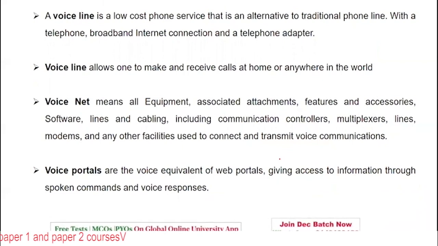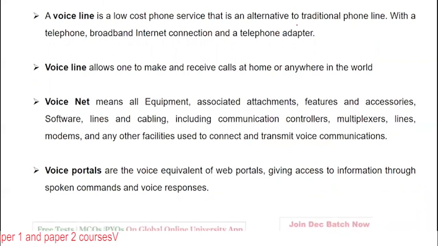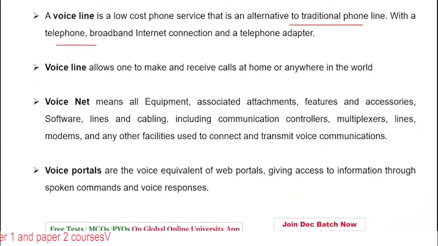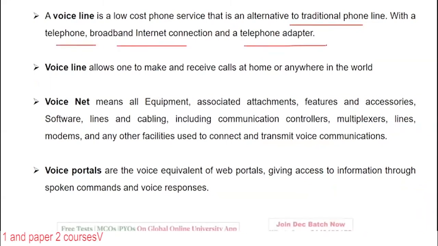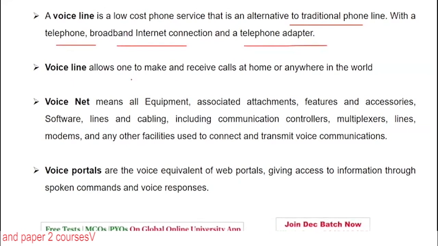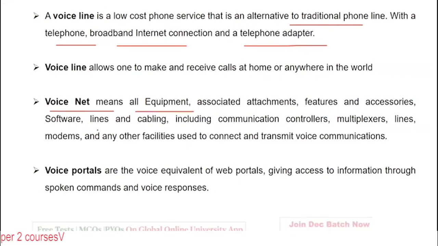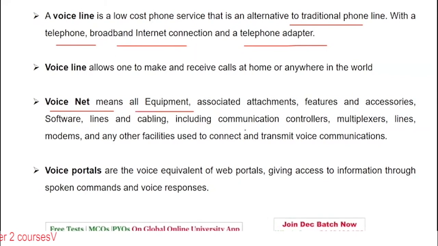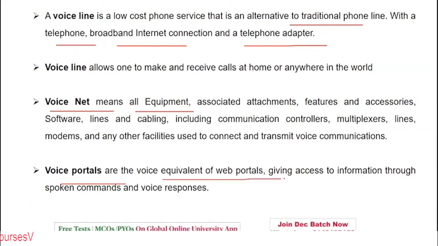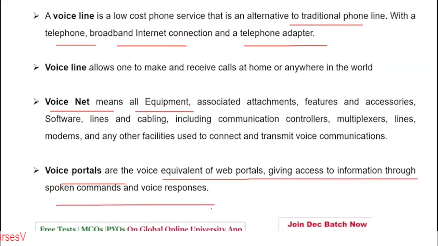It is a low cost phone service that is an alternative to the traditional phone line, with a broadband connection and telephone adapter, which allows you to make and receive calls at home or anywhere in the world. Voice net means equipment associated with features and accessories in the form of lining, cabling, controller, and voice portals. It is the voice equivalent of web portals, giving access to information through spoken words and commands or responses.